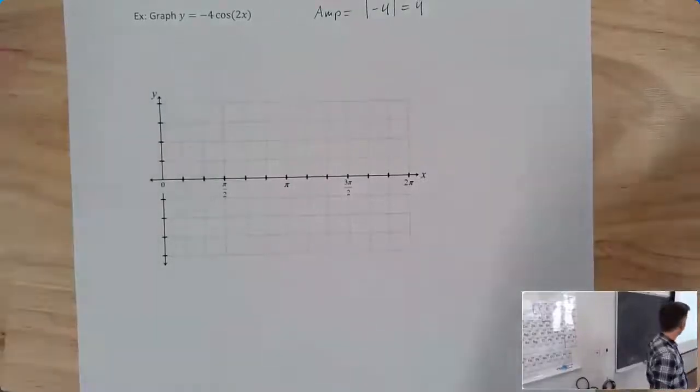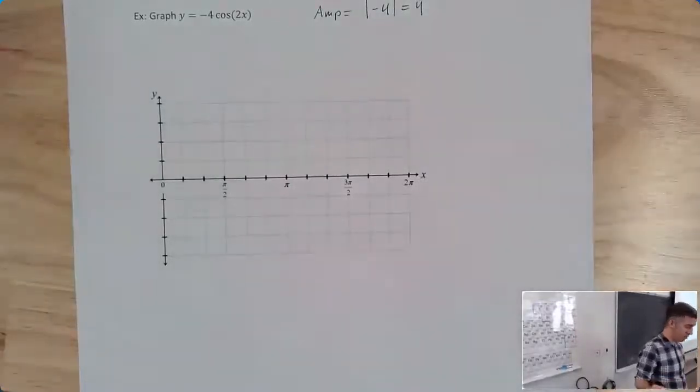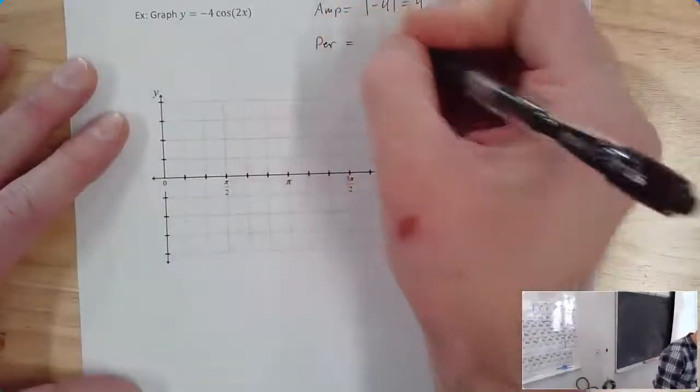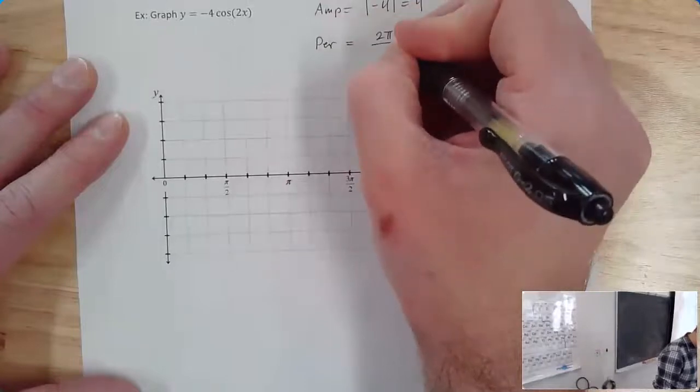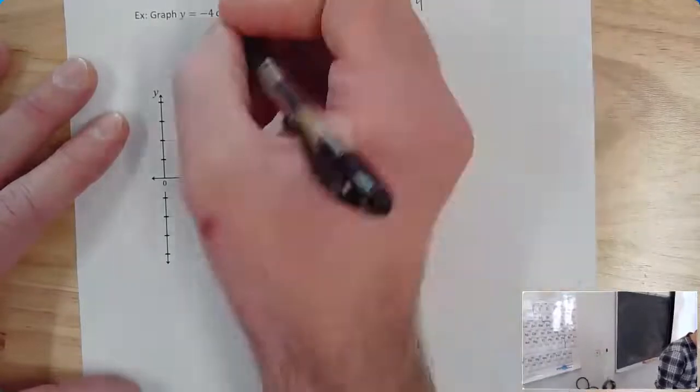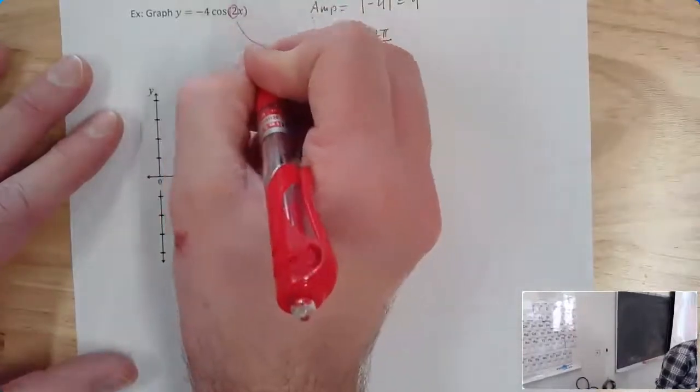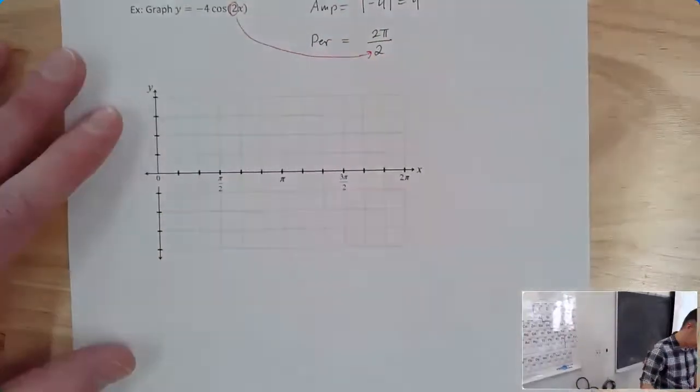There is no vertical shift. We're not going up or down. And our period here is 2 pi divided by, in this case, 2. Now, let's make it very clear. That's the 2 that we're dividing by, which ends up being pi.